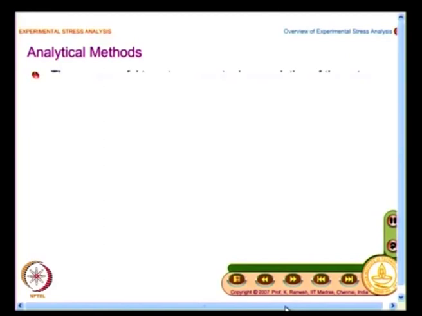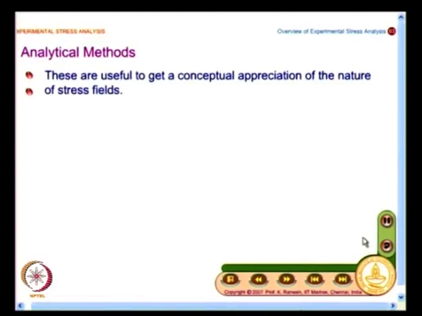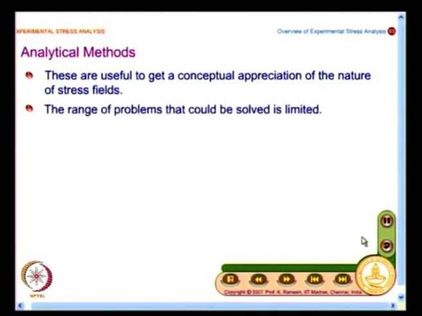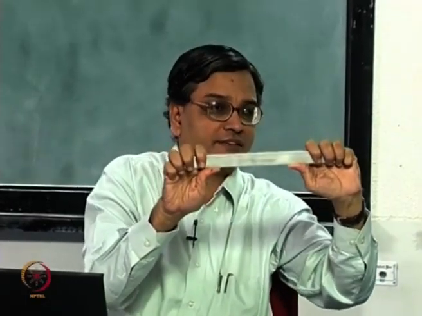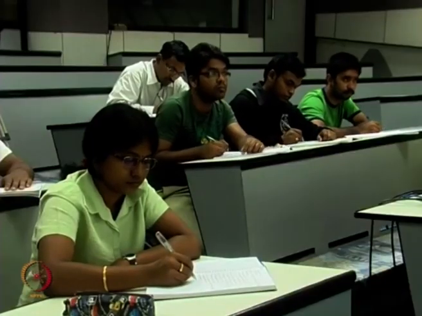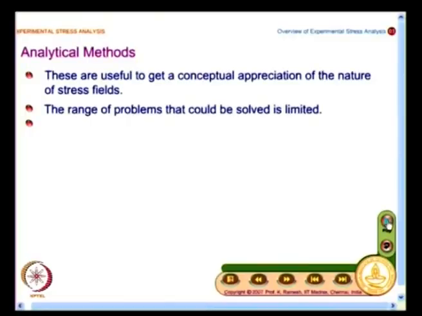And once you come to analytical methods, what is the advantage here? These are useful to get a conceptual appreciation of the nature of stress fields. If I take a member and I pull it, I know that it is subjected to tension, and I do the bending and I want to know how the stresses are developed in bending. But whether it is strength of materials or theory of elasticity, the range of problems that could be solved is limited.